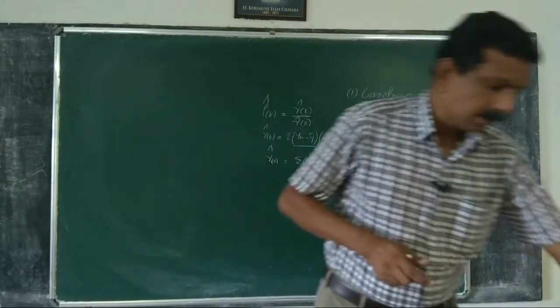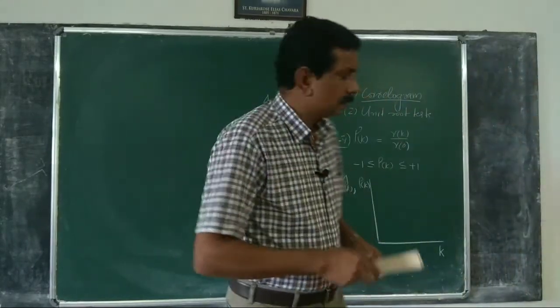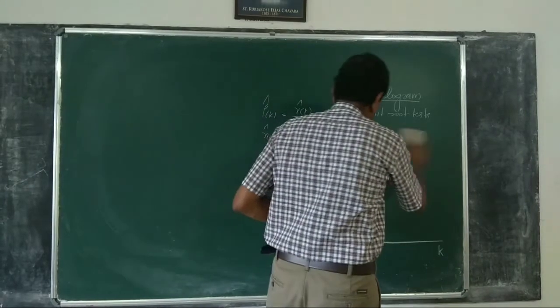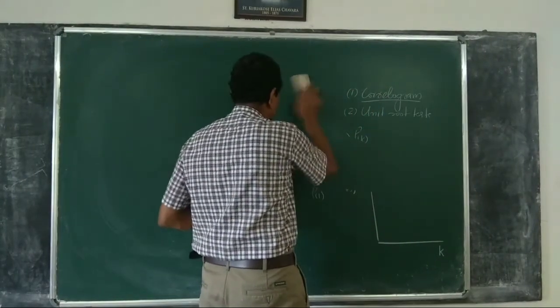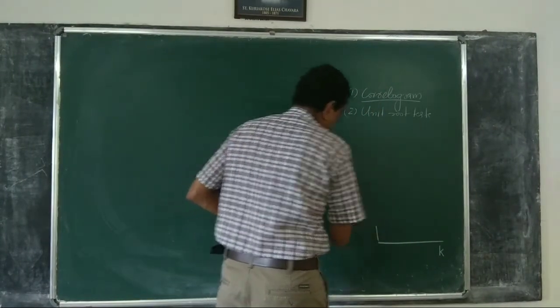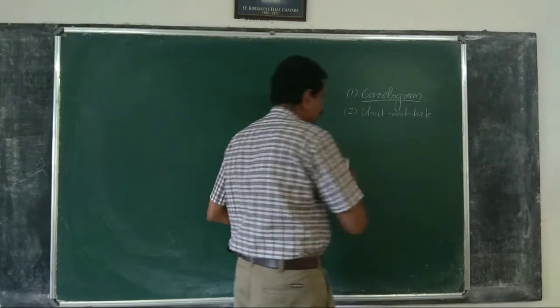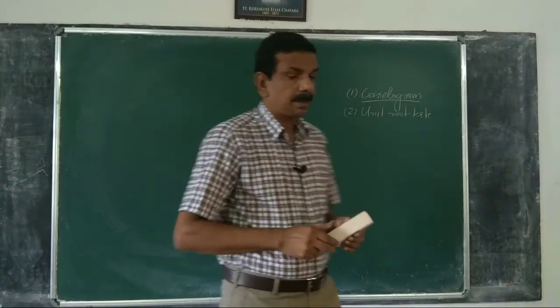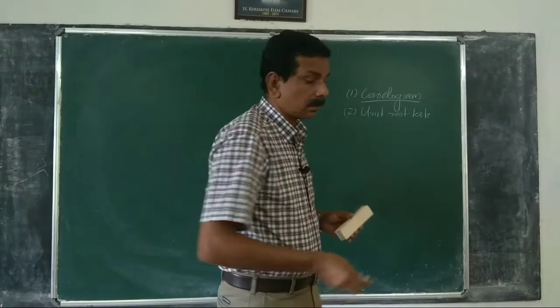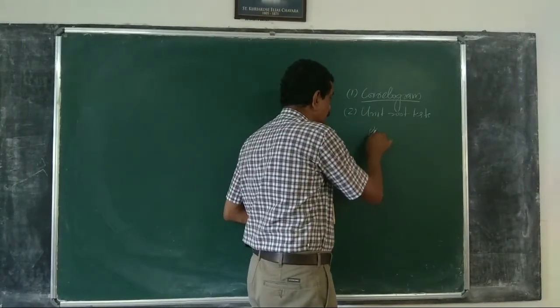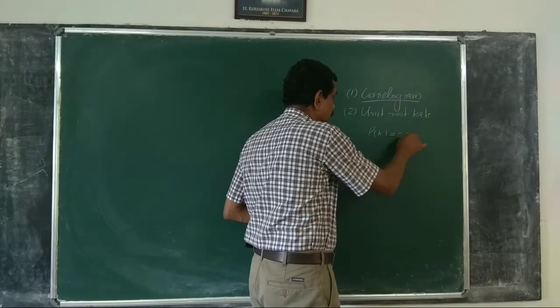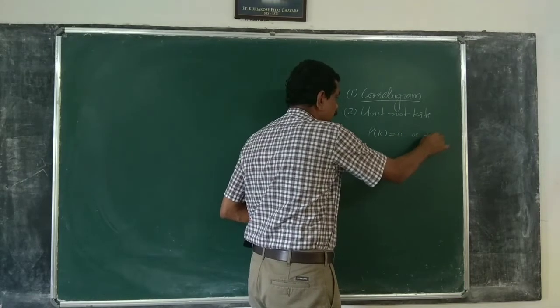Now, first we will explain how to determine whether a particular rho k is 0 or not.